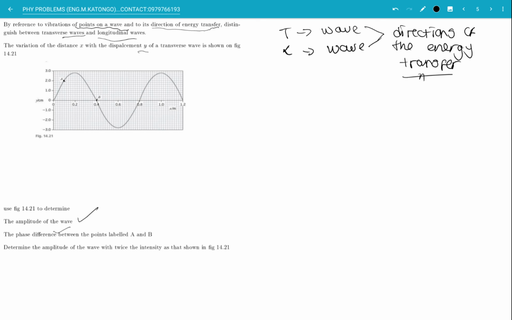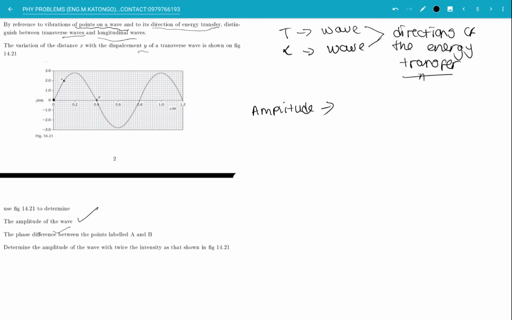So as we said, the amplitude is simply the maximum displacement of this particular wave from its rest position.